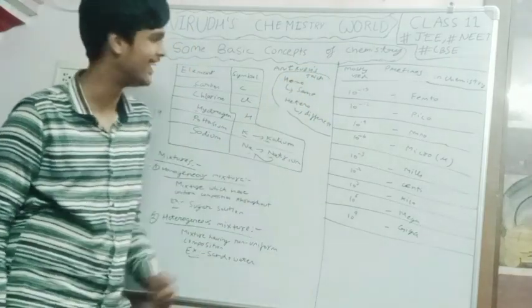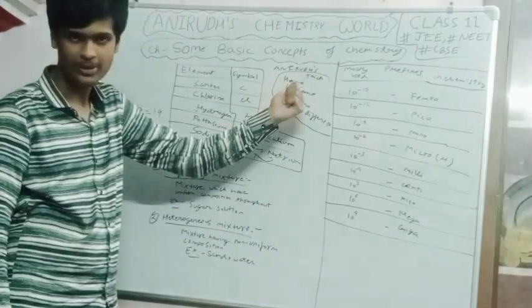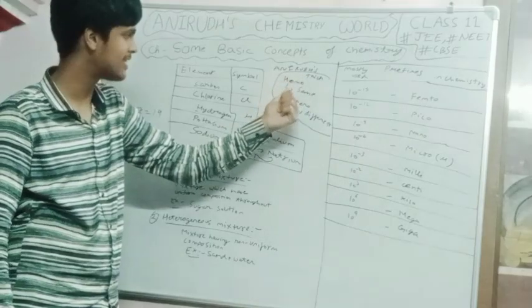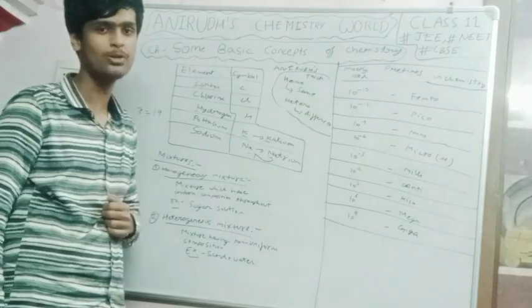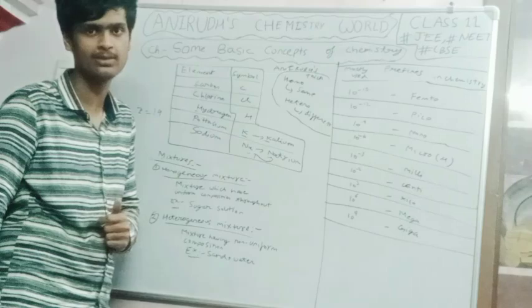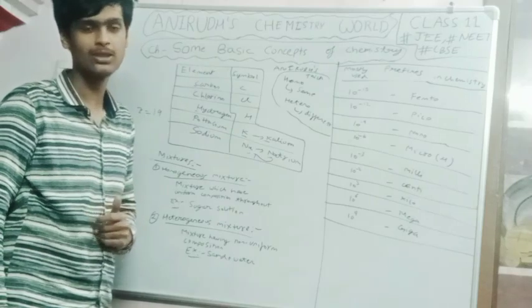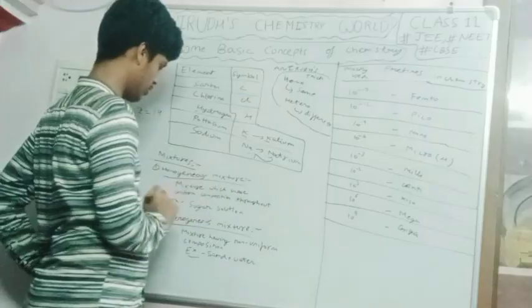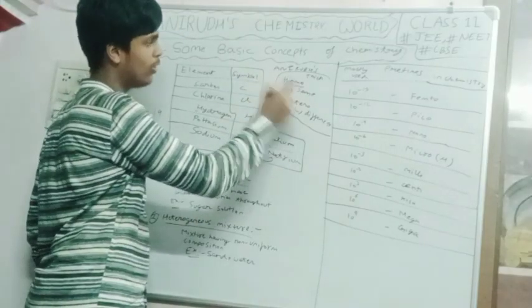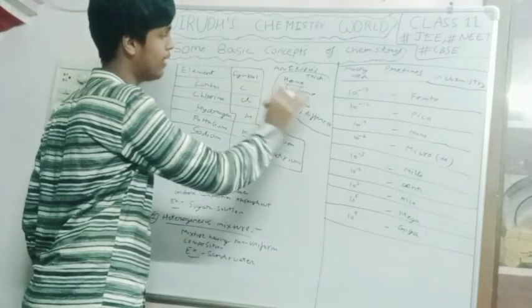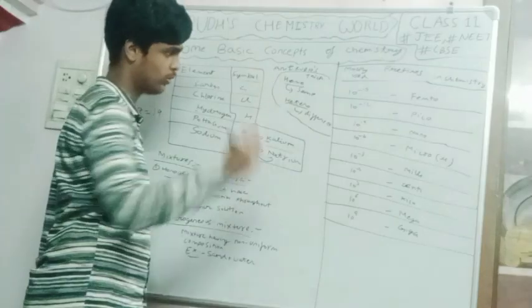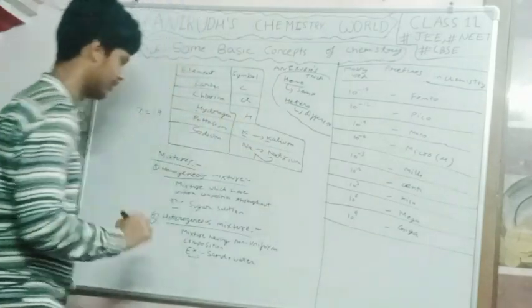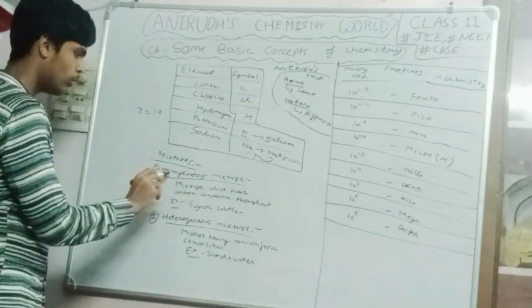Note it down like that. Homo means same. In English, you might have heard of homophones. Similarly, homogeneous: homo means same. Hetero means different. Note this down also.